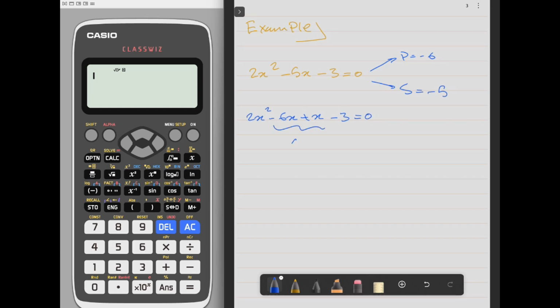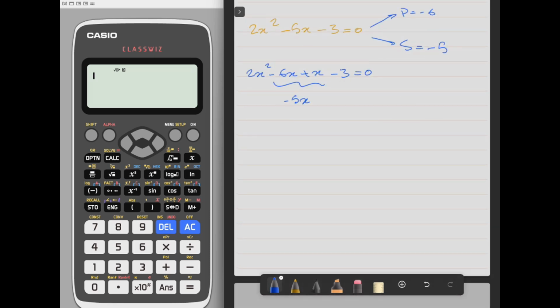And we know that this is equal to minus 5x. And so, I factorize these two and then factorize these two. So, I'll have 2x times x minus 3 plus, and I write this one just as x minus 3.